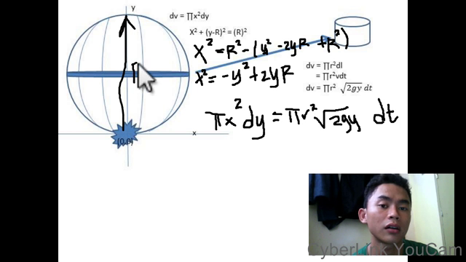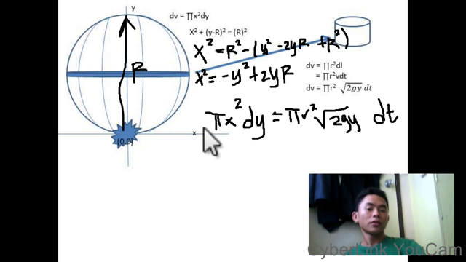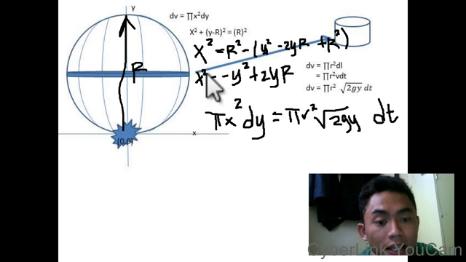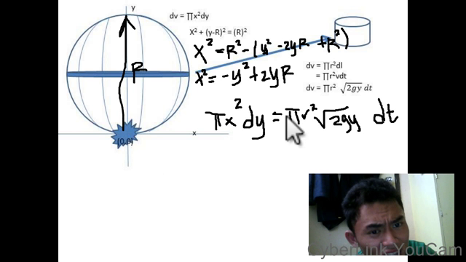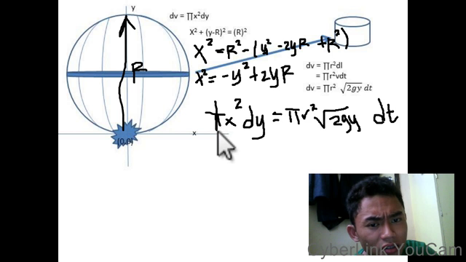So substituting this equation in here, but first of all we must cancel π because it's just redundant and it's just a constant.